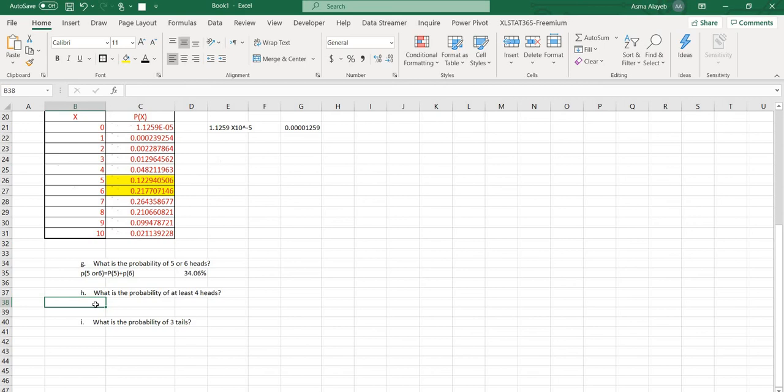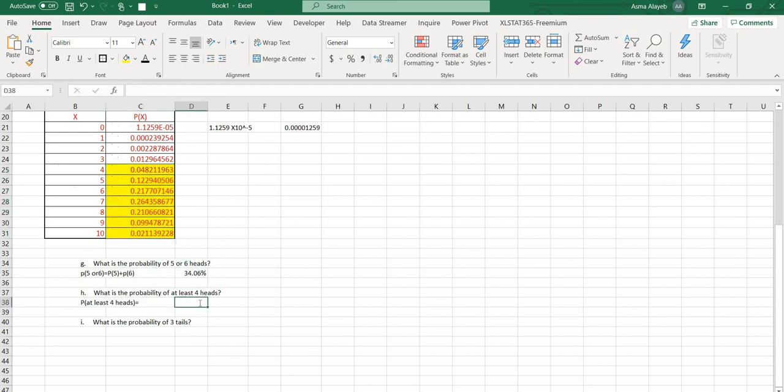At least 4 heads. Meaning either 4 or 5 or 6 or 7 or 8 or 9. The least number is 4. That means the probability of at least 4 heads is equal to the probability of 4, 5, 6, 7, 8, 9, 10. And that is basically adding all of these numbers up.